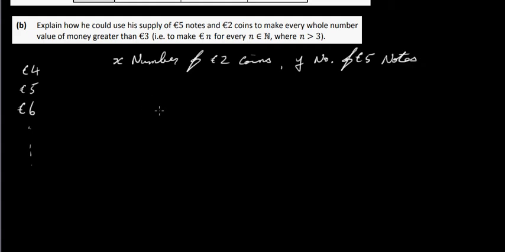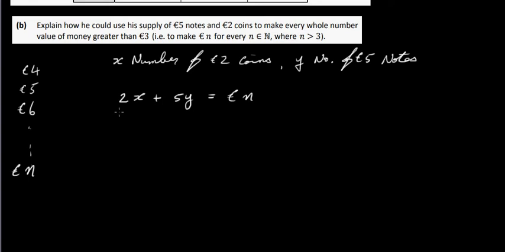Well, then he would need to make up any n euro greater than 3. Let's just see, then he would need 2x plus 5y. That should give us our n euros. So multiply 2 by the number of coins he needs, and then 5 by the number of €5 notes he needs. That'll make up any n.